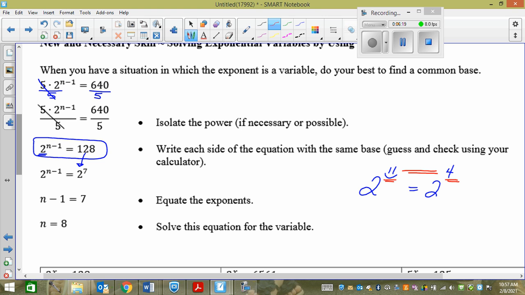So that's why, after this next step, if we have 2 to the n minus 1 equals 2 to the 7, I can just say n minus 1 would have to equal 7, because they're both base 2 to an exponent. And then I just have to solve it out. Add 1. And I get n equals 8.